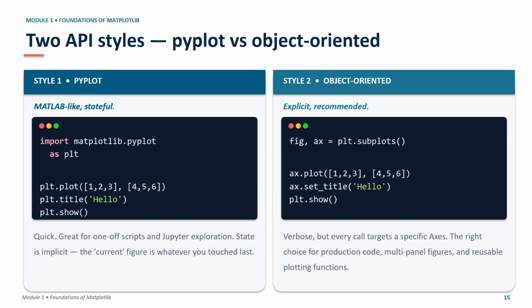You have included this line, so every call targets a specific axis. There is no ambiguity and no hidden state. So learners, it is highly recommended that you write your functions and handle multiple figures always by using the object-oriented style.